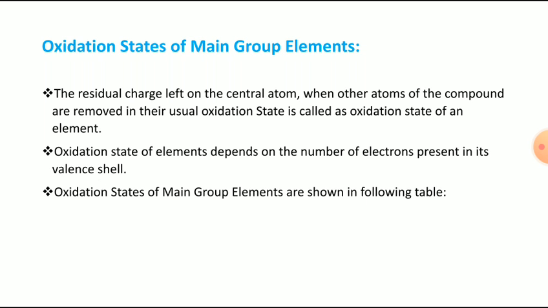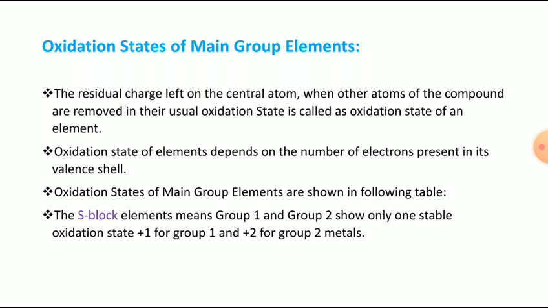Oxidation states of main group elements are shown in the following table. That table I will show later on. The s block elements, that means group 1 and group 2, show only one stable oxidation state. In the s block there are two groups, group 1 and group 2.